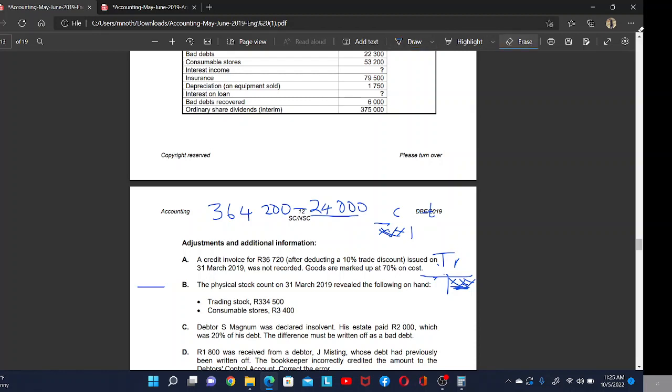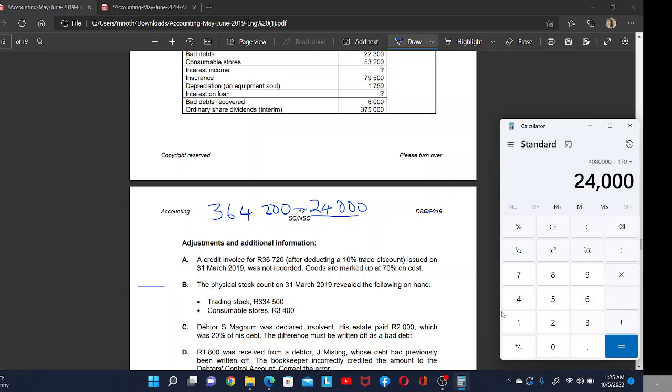We want to find out how much trading stock is left. So 364,200 minus 24,000 is equal to 340,200.